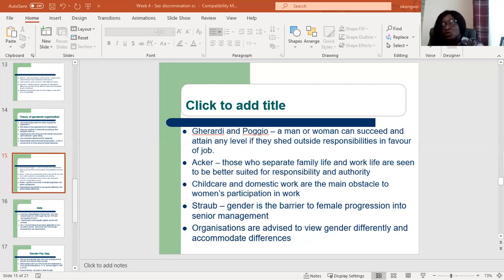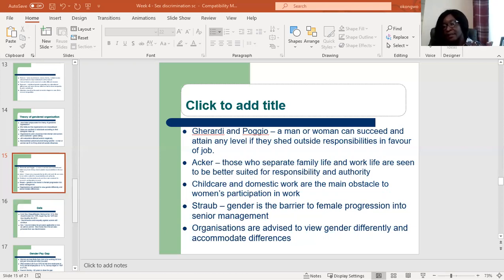So this would affect women getting into senior management roles because not many women will be able to do this, because they have their children and are unable to separate both. It has been found that the inequality relating to childcare and domestic work is the main obstacle to women's participation in work.